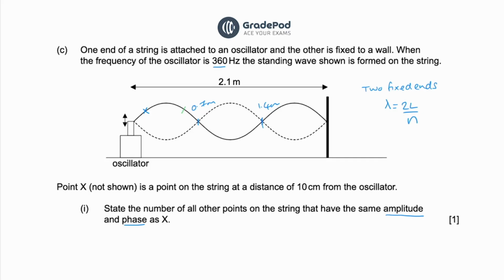So at this point here, that particle will have the same amplitude and phase as point X. Then we go an even number of nodes across and we have a point there and a point there that has the same amplitude and phase as X. So we state the number, it's 3. And it says state the number of all other points, not state the number of all points.